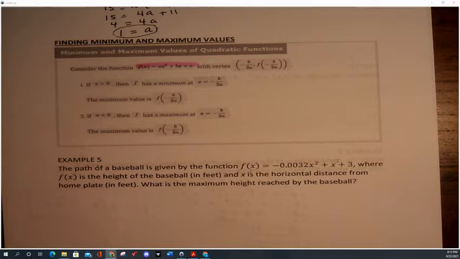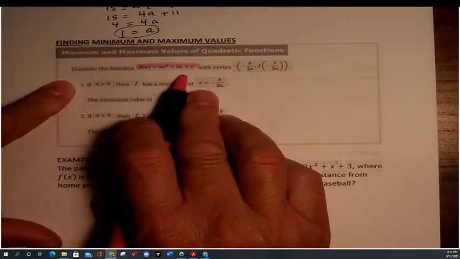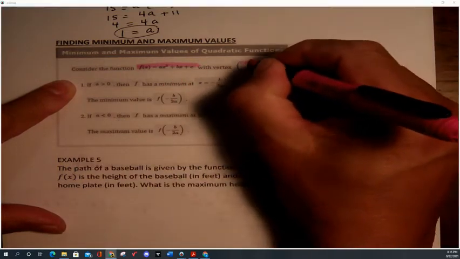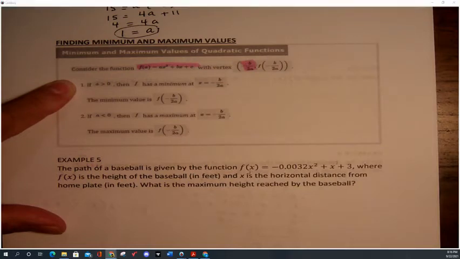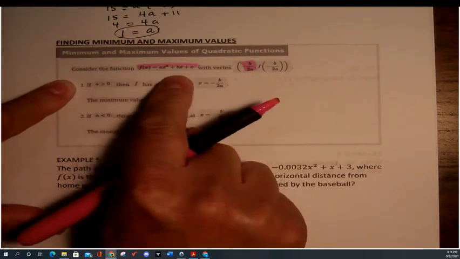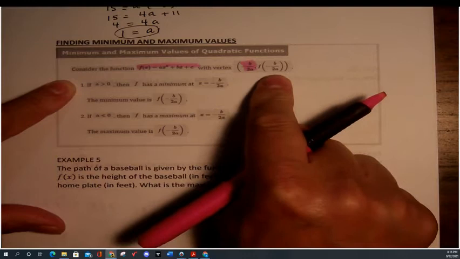Anyway, I have this function, this quadratic function. The vertex is this. You might recognize that. That's my x value. We'll talk about it in a second. But that's how I find the x value given this form of the equation. This is my y value.